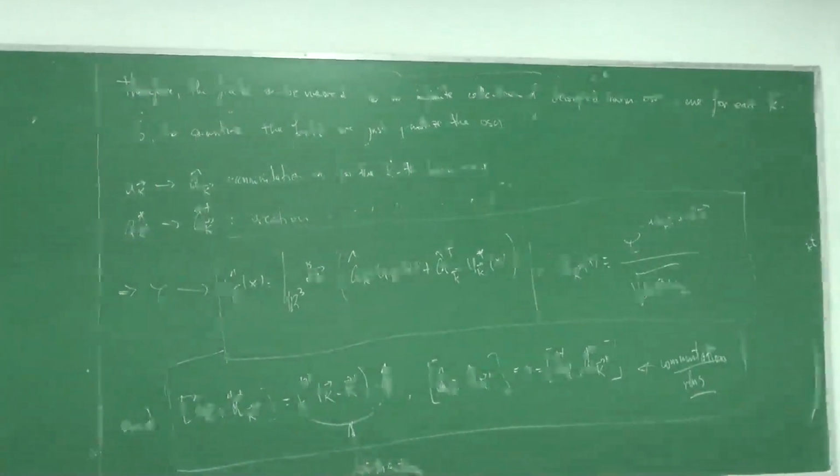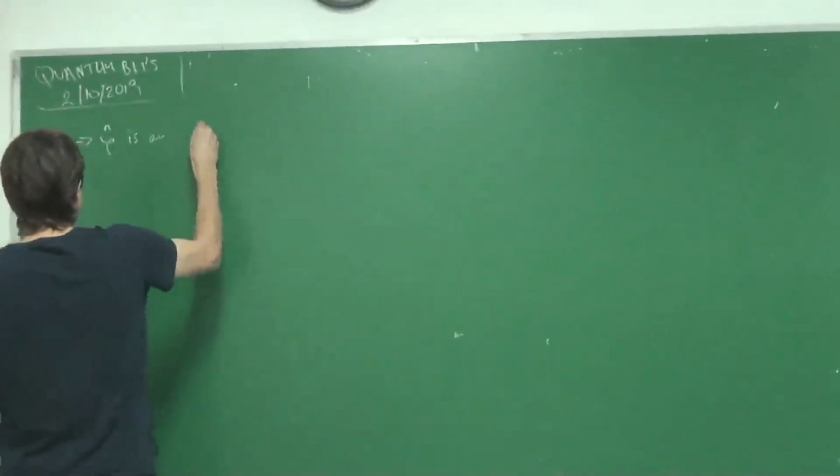And so phi is an operator-valued distribution.